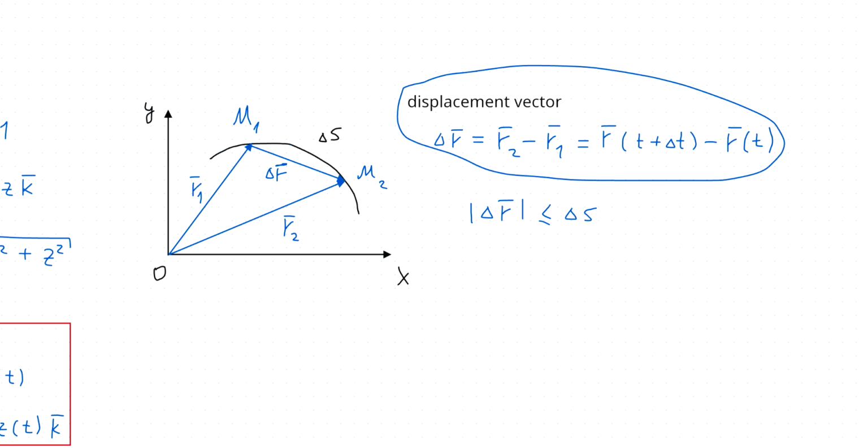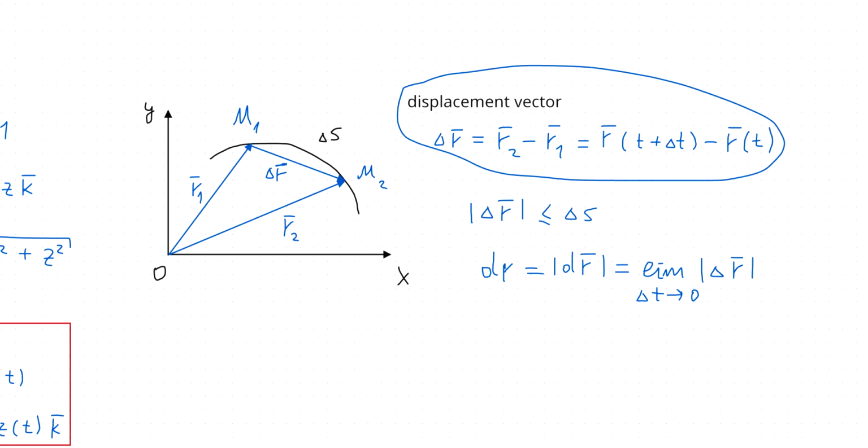So if we consider infinitely small time, we will have the formula: dr, which is the absolute value of the infinitely small displacement vector, is the same as the limit, when the increase of time tends to zero, of the absolute value of delta r.